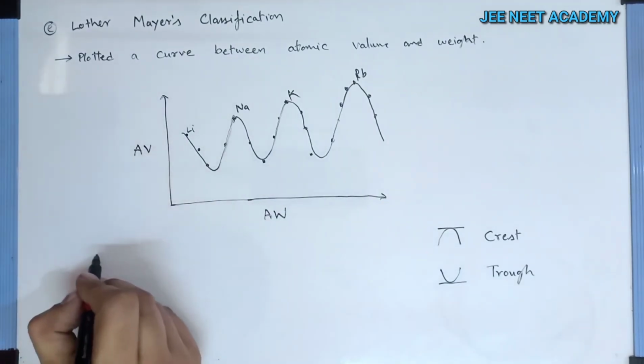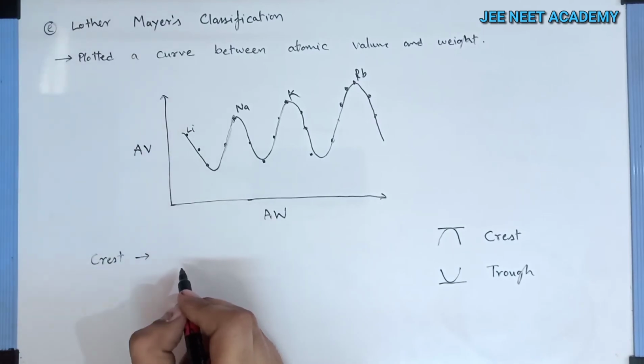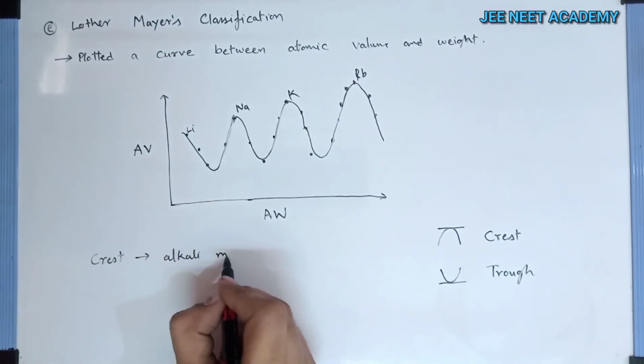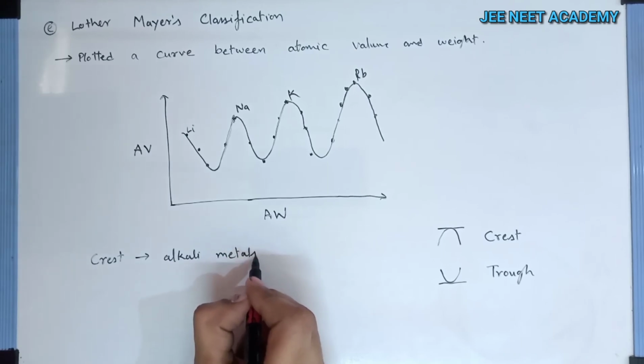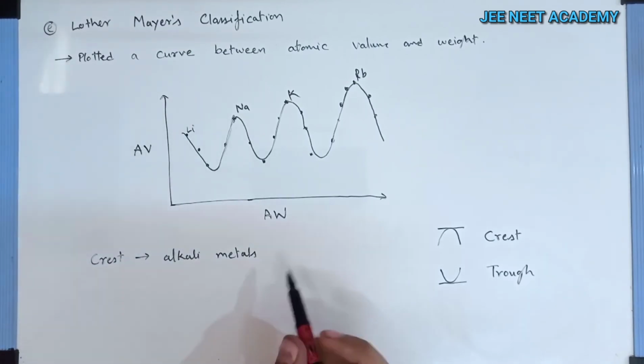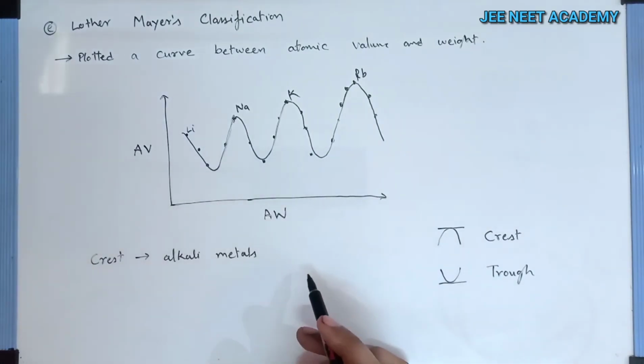So the crest is for alkali metals. Then the trough: transition elements are coming on the trough. Trough means these lower points. So many transition elements are there, so I am not writing them here.